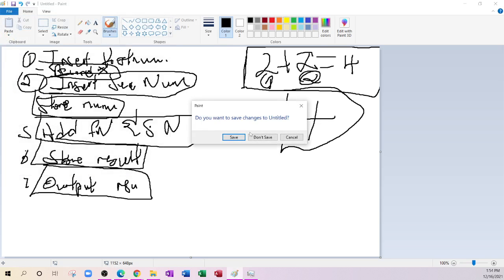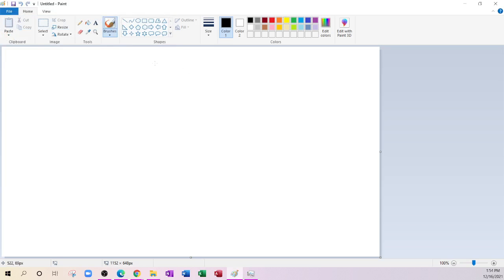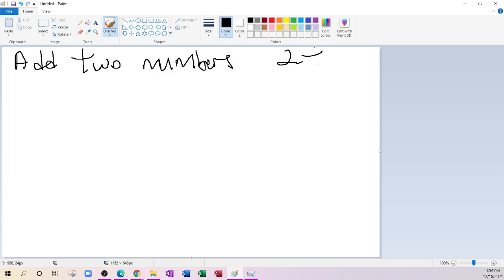If we want to develop an IPO chart, say for example, we want to add two numbers, 2 plus 2. How are we going to develop our IPO charts?